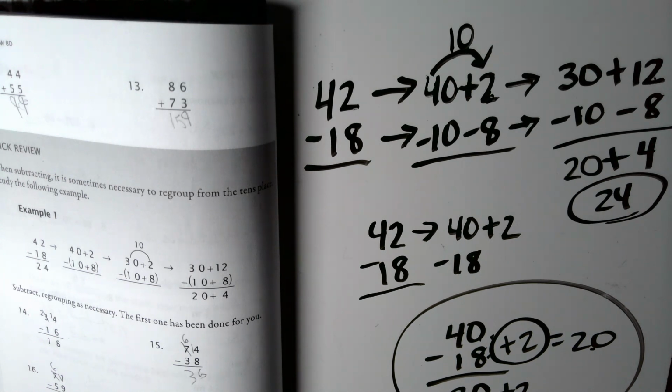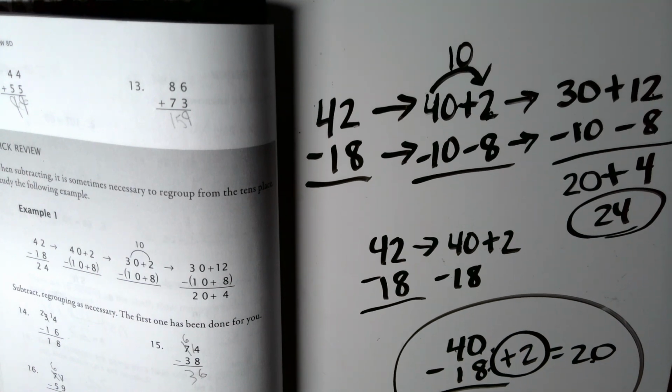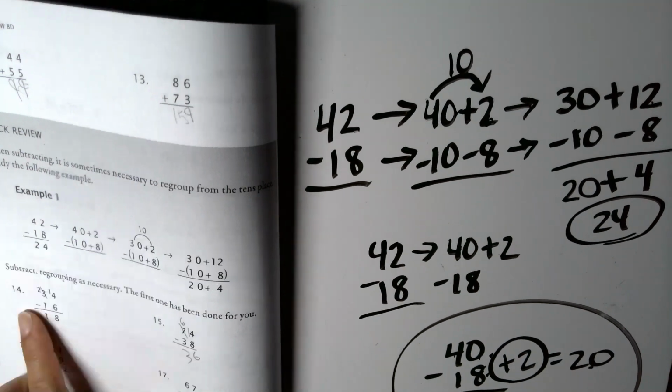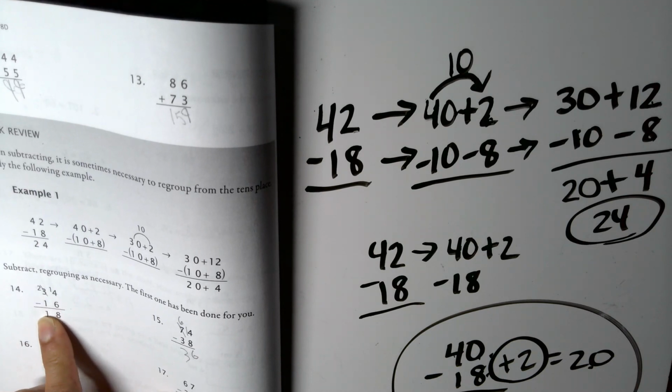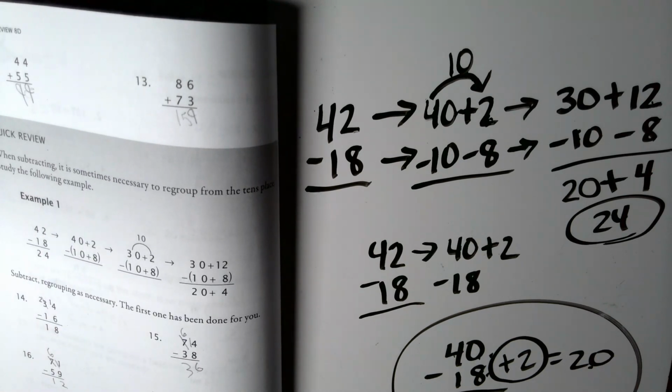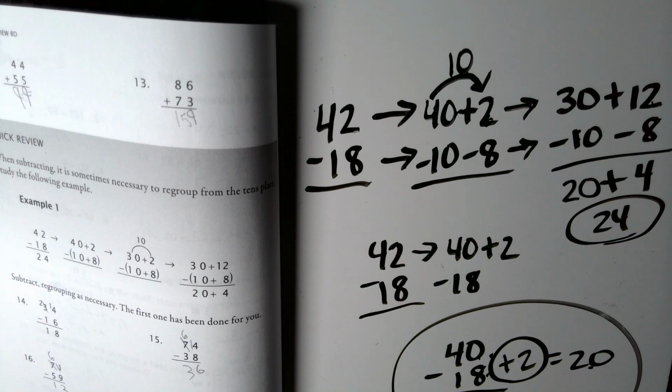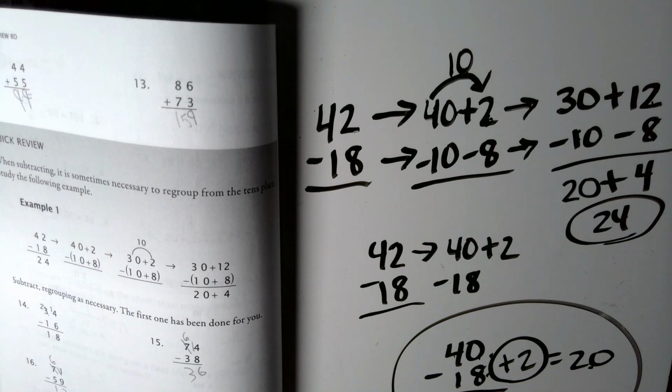And I can send home worksheets for practice. And like I said, if you don't want to try this method, you don't have to. You can still keep doing this method right here where you cross off, you carry, and all of that. This is a very handy method in the example, and I recommend it if you want to give it a go.